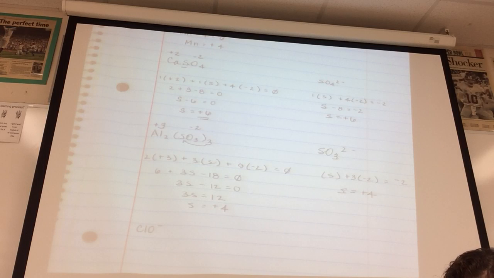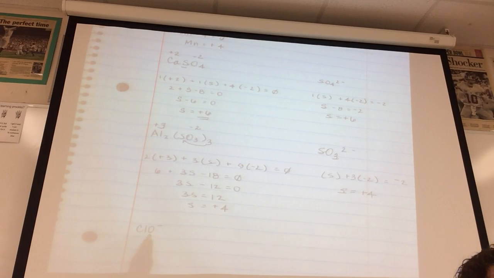Nitrogen and phosphorus can have multiple oxidation numbers. Carbon can have multiple oxidation numbers. They can be negative, they can be 0, they can be fractions, they can be positive. And then your transition elements also have the ability to take on multiple oxidation numbers. So this is not binary ionic, don't go there.